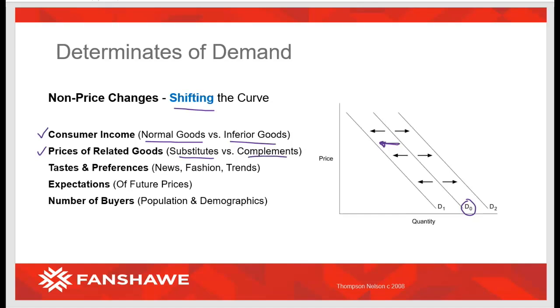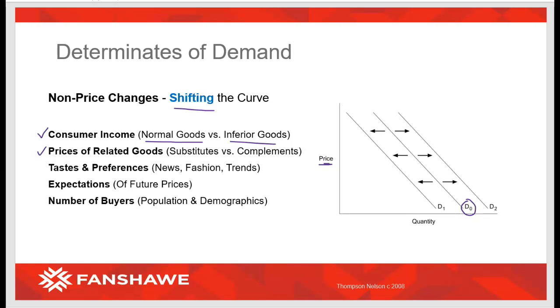We have goods that we call complements. So instead of Tim Hortons coffee, this could be the demand curve for hot dog buns. Well, the demand for hot dog buns, let's get rid of that arrow. The demand for hot dog buns will fluctuate depending on the price of hot dogs, right? So even if the price of hot dog buns is not changing at all, we still may buy more or less.